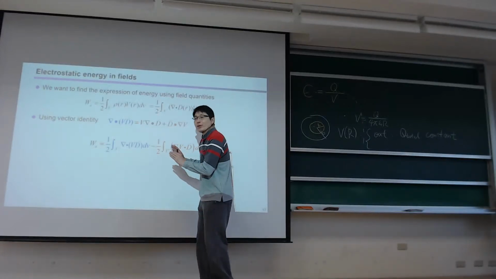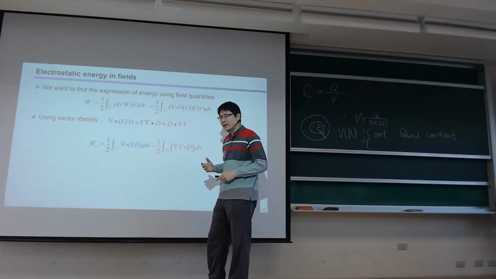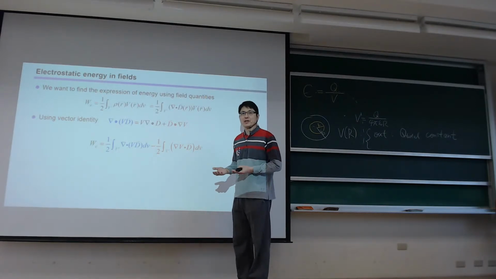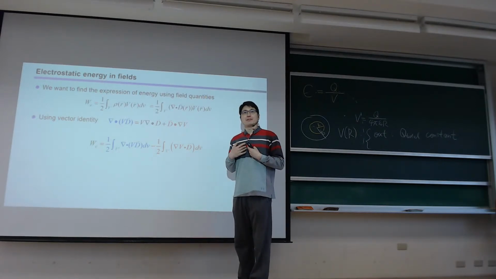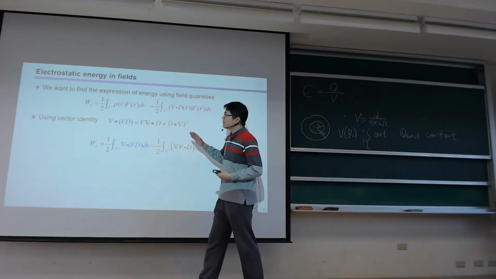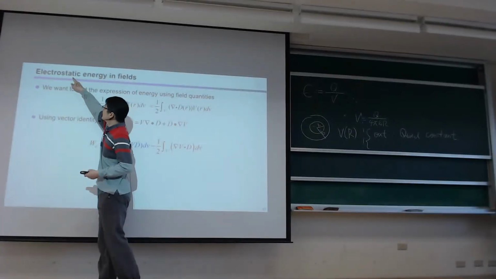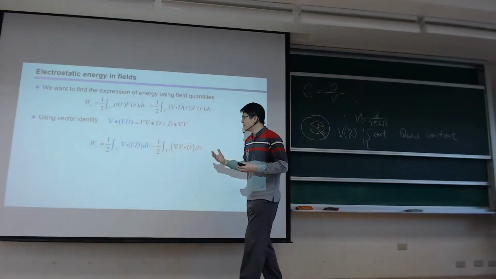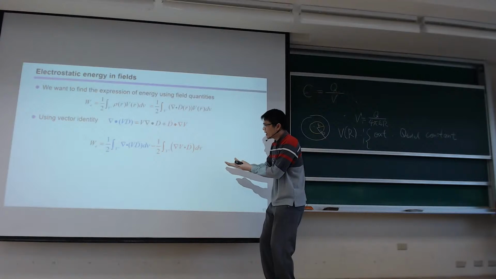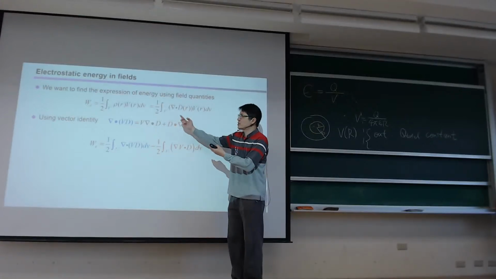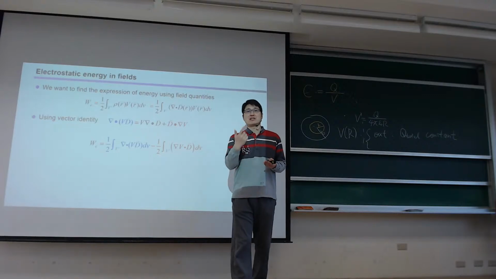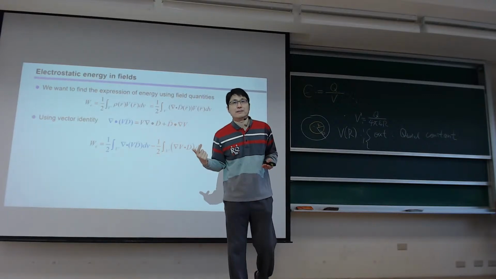I still don't know how to solve it, but I want to change the expression to something I like. Remember, I'm trying to find the electrostatic energy stored in fields. So somehow I'm looking at a way to change the potential charges to field quantities. Field quantities means D and E, right?